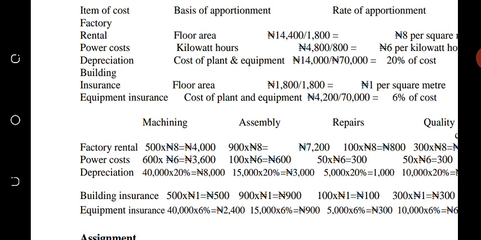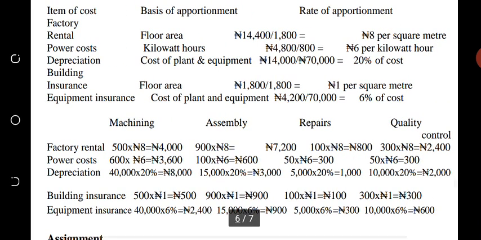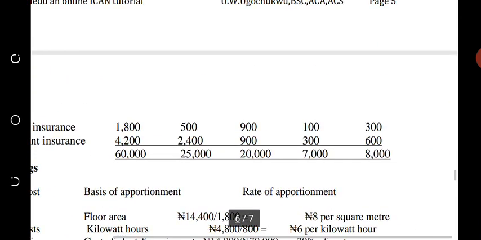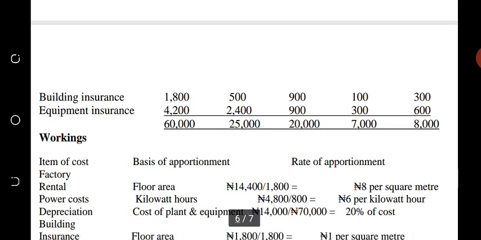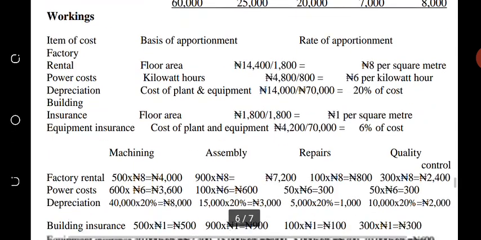So multiply this 6% by the cost of equipment in machining, which is 40,000 times 6%, that is 2,400. Likewise for assembly, repairs, and quality. So the figures that we have here are 2,400, 900, 300, and 600.